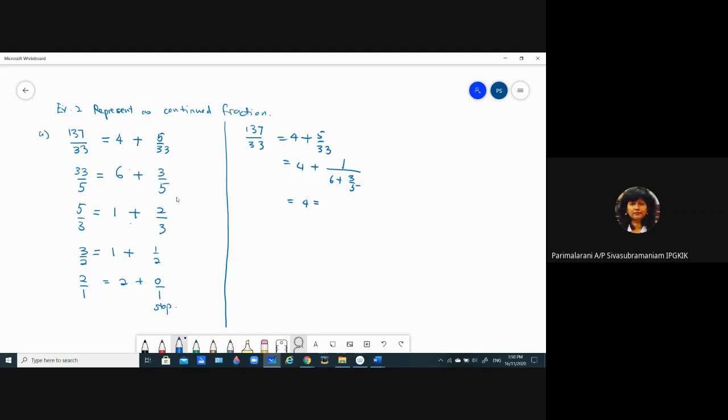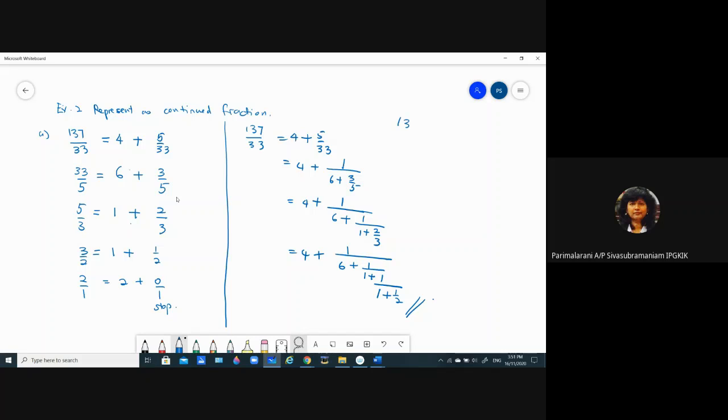This is also equivalent to 4 plus 1 over 6 plus 1 over 1 plus 2 over 3. And this equals 4 plus 1 over 6 plus 1 over 1 plus 1 over 1 plus 1 over 2. Yes, correct. So this is your answer.